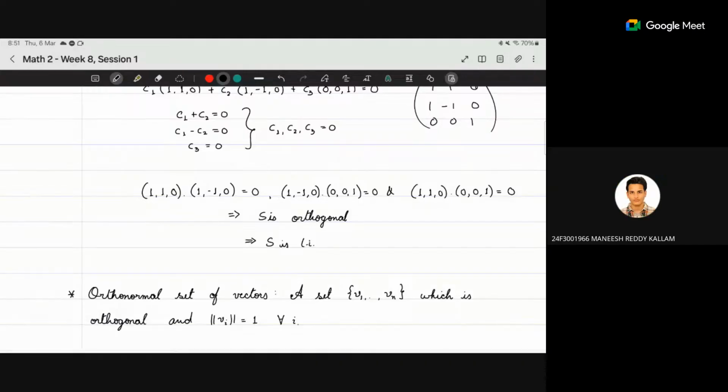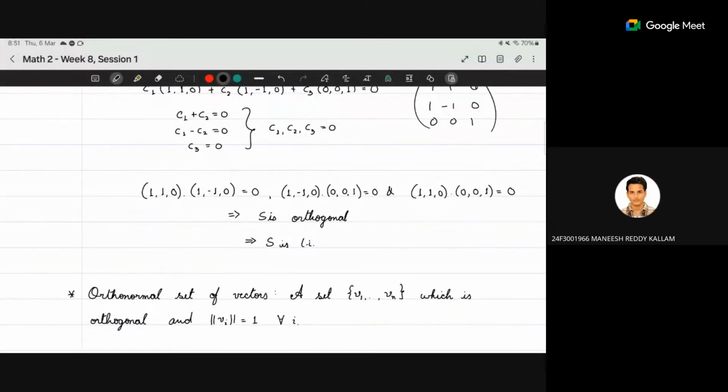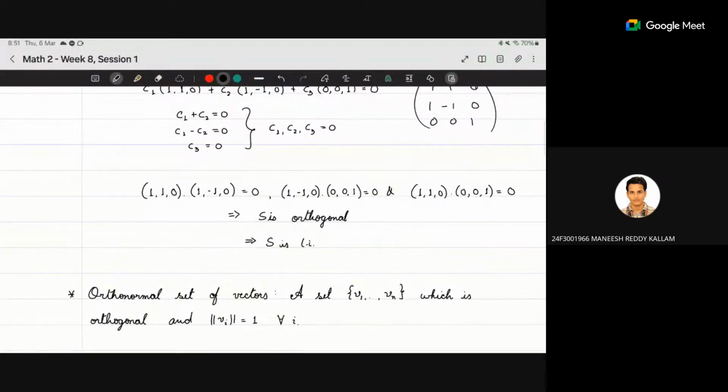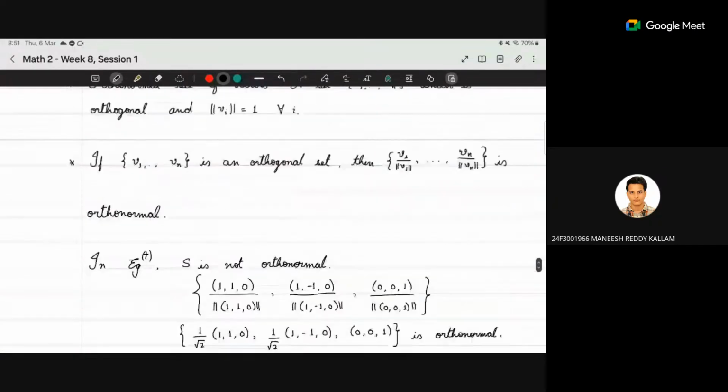The length of each of them is equal to 1. So if the dimension of my vector space is n and I have a set of n orthogonal vectors, it is linearly independent, and it is a set of n vectors. It's an orthogonal basis. If it is said to be orthonormal, then it's an orthonormal basis. So if you have enough orthogonal vectors, you will get a basis.